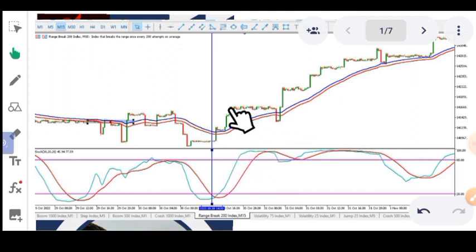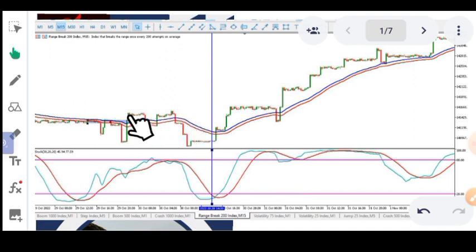Right now, the work of this very indicator is to serve as a supporting trend line. Okay, you know what you want to call it, supporting trend line. When price is above it, it is a supporting trend line, but when price is below it, it is a resisting trend line.